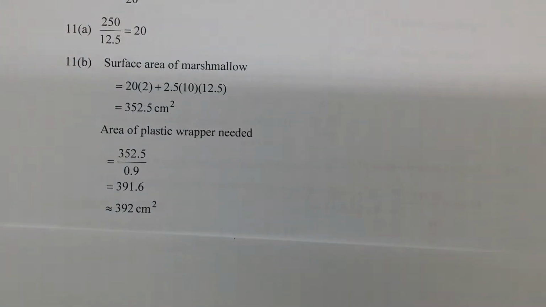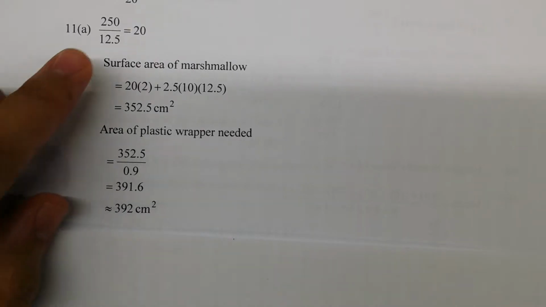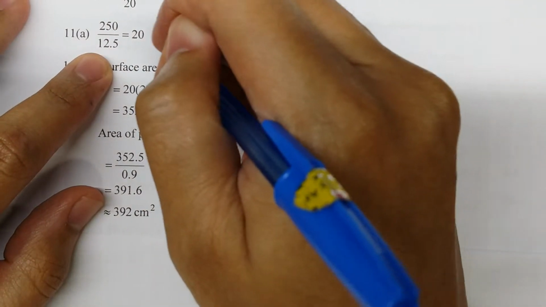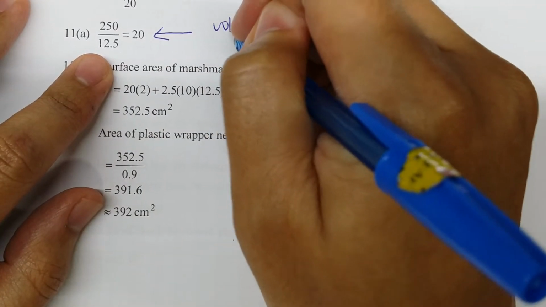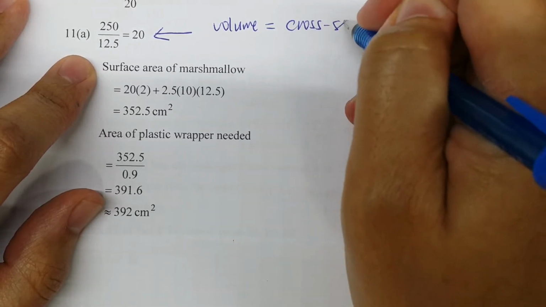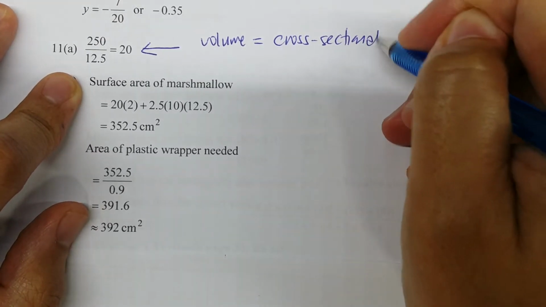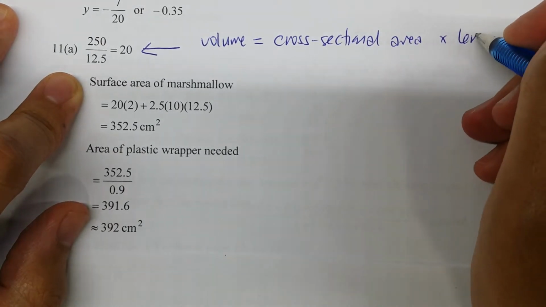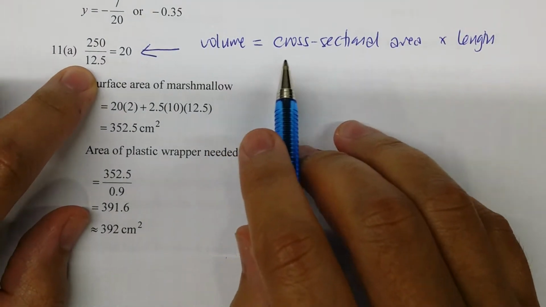11a is a prism, and you have this star-looking shape prism. It's called marshmallow. Given the length of the mold is 12.5 cm, find the area of the cross-section. Oh, volume is given. So how to understand this formula? Volume equals cross-section area times length.